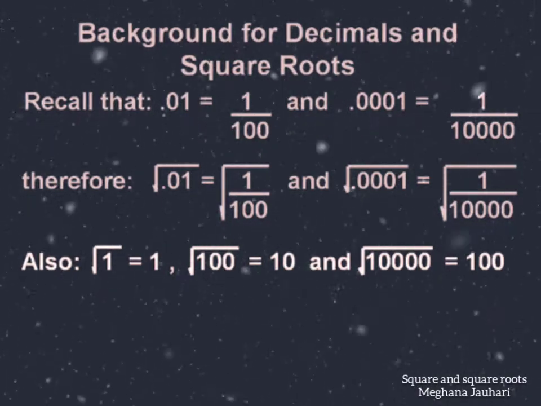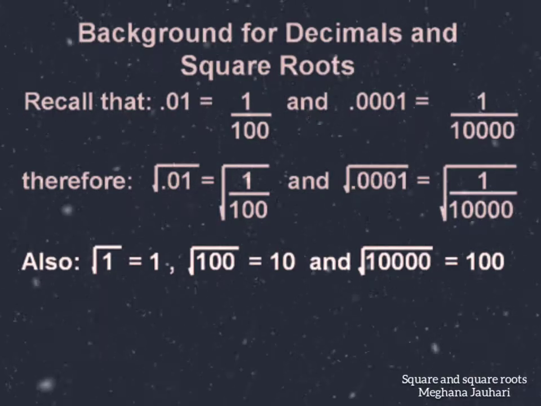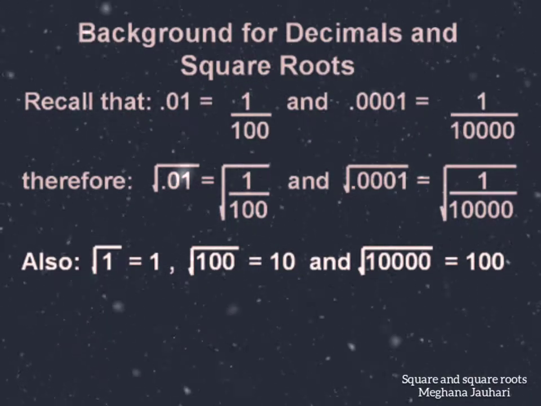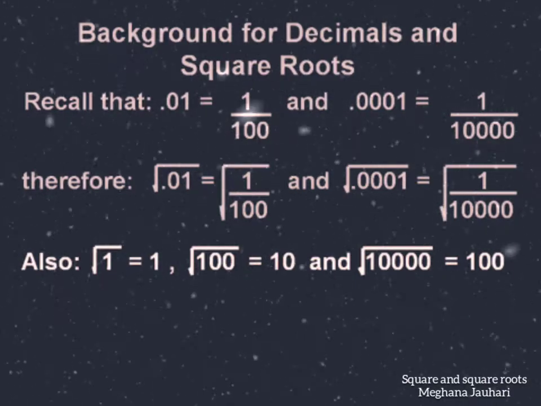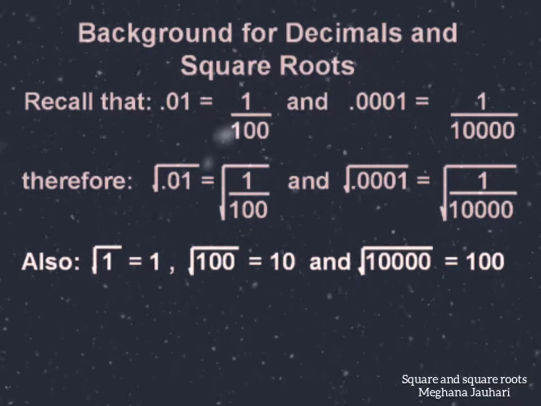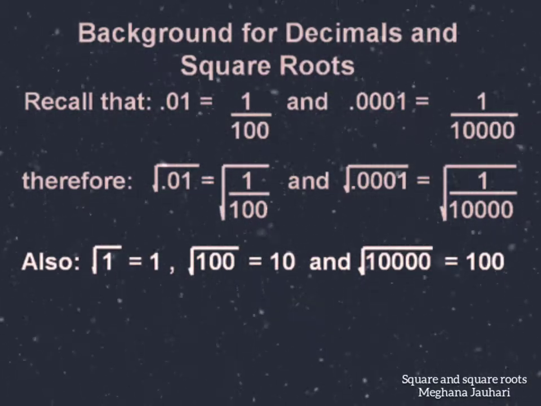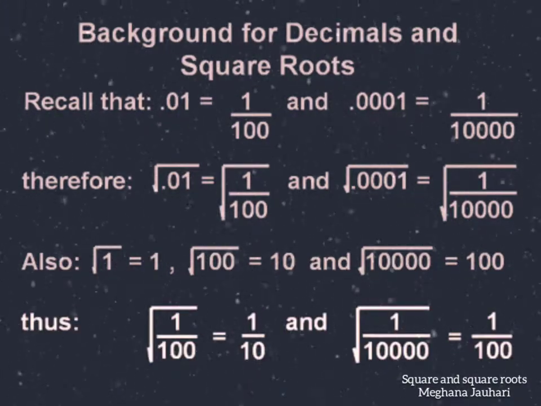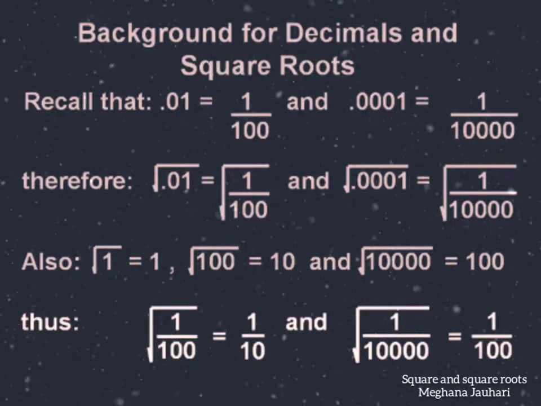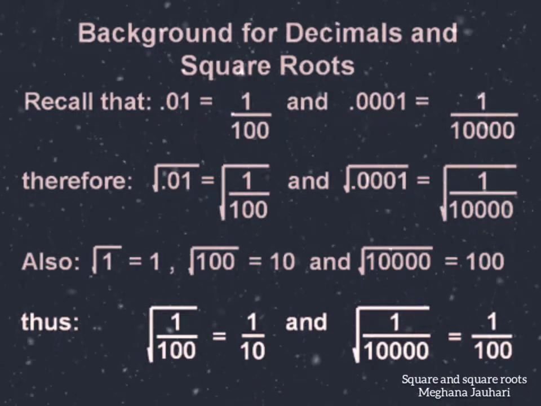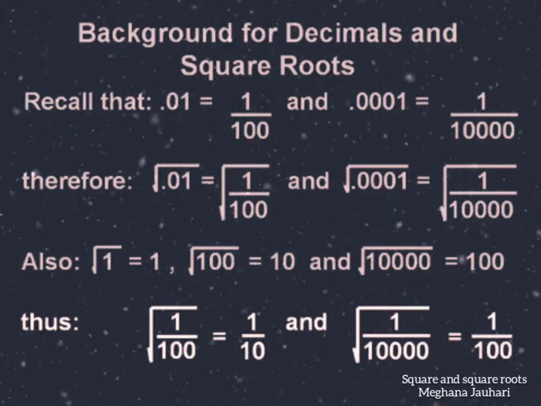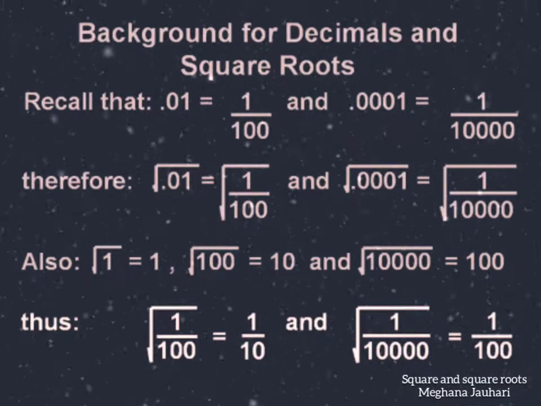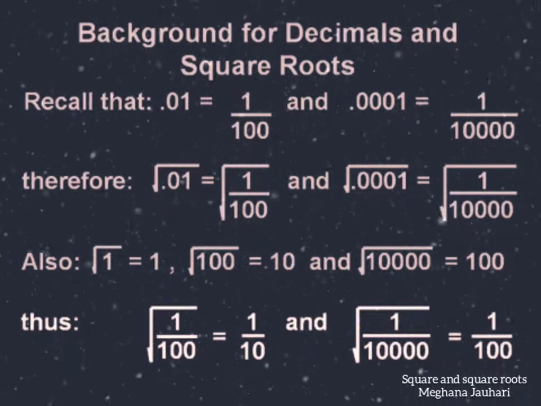Like when we have 2 zeros in 100, the square root of this will be 10 only. We just write half of the zeros in the square root of a particular number. I hope I'm clear. Thus, we do the same in the fractional part also. If you see 1/100 and 1/10,000, the zeros got halved.